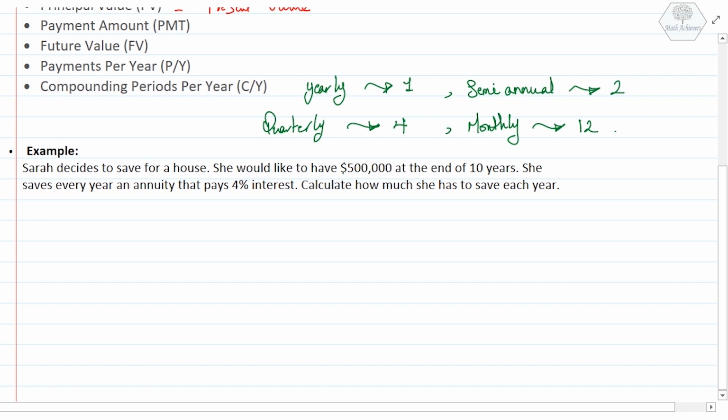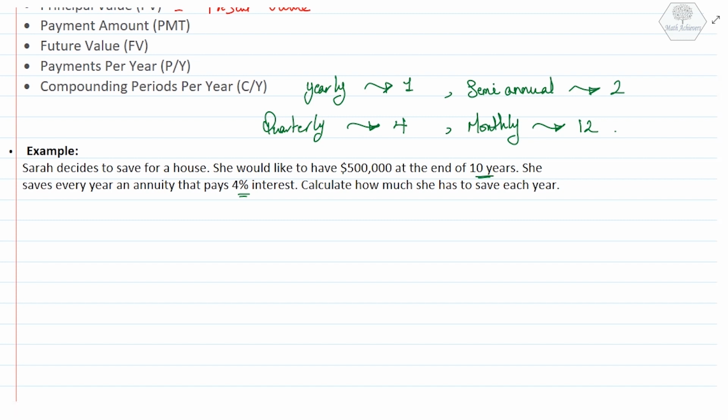She would like to have 500,000 US dollars at the end of 10 years. She saves every year in an annuity that pays 4% interest. Calculate how much she has to save each year.